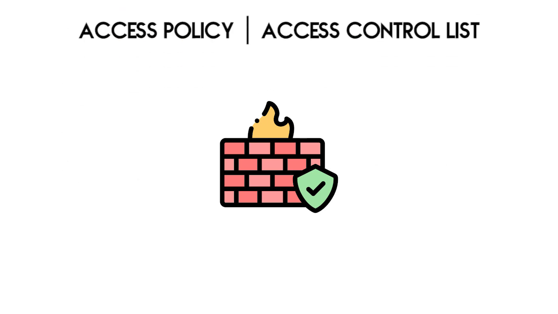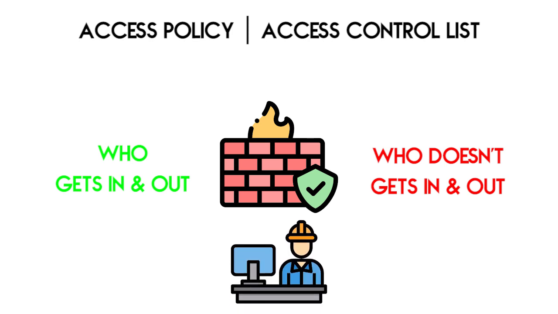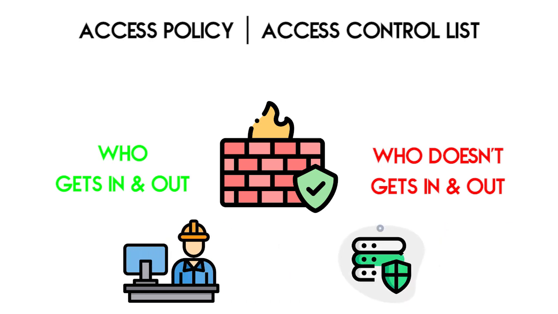An access policy is simply a set of rules that determine who gets in or out of the network and who doesn't. Firewall access policies are created by firewall administrators, who are IT experts and know how to set up the firewall to protect the network. Note that a firewall not only decides who comes into the network, but also decides who leaves the network.